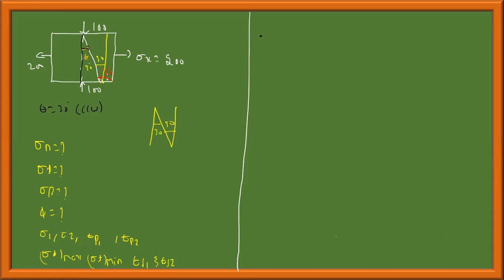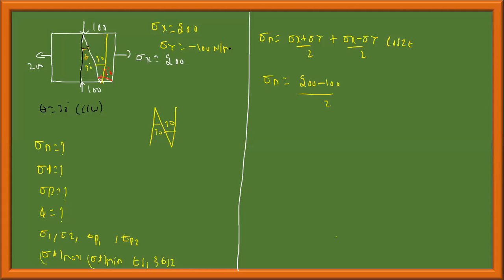Sigma n is equal to sigma x plus sigma y by 2 plus sigma x minus sigma y by 2 cos 2 theta. I'm left with 3 minutes. Within 5 minutes, I'll send you one more link. Sigma x is 200 along positive x-axis. Sigma y is along negative y-axis, minus 100 Newton per mm square.